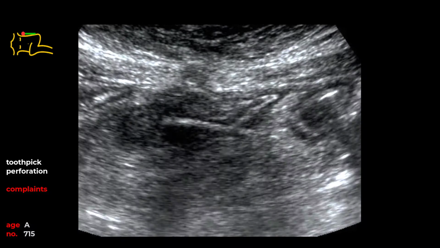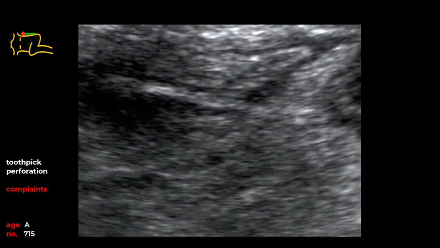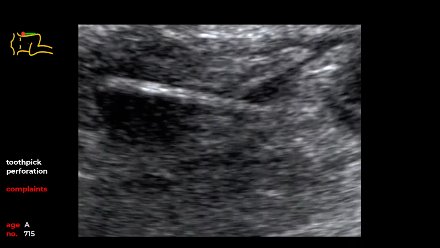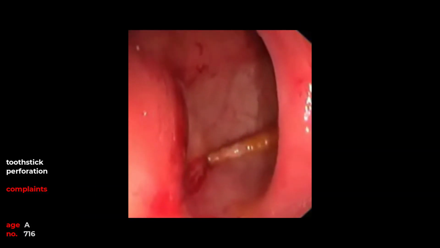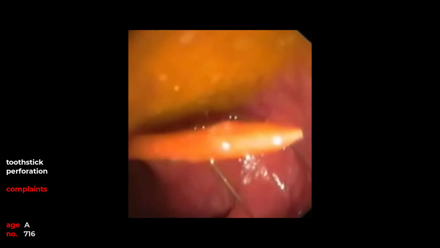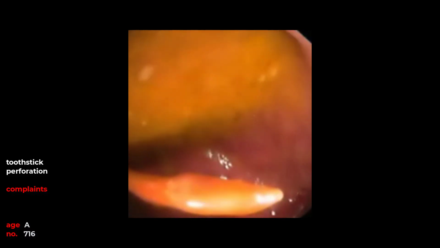And in 715 and 716 you see the typical and seldom endoscopic and first echoscopic feature of a tooth pick perforation of the sigmoid.